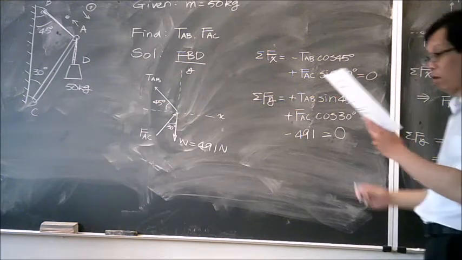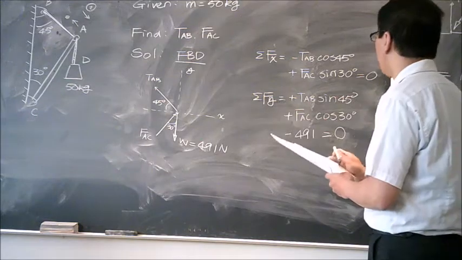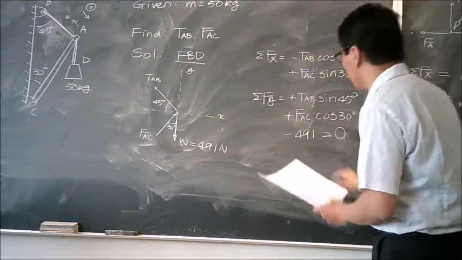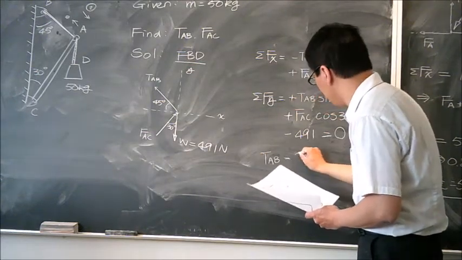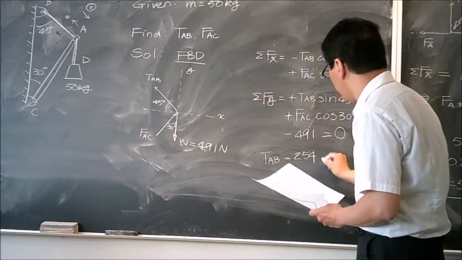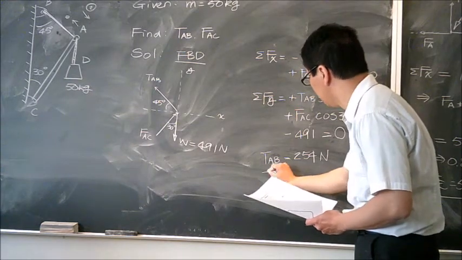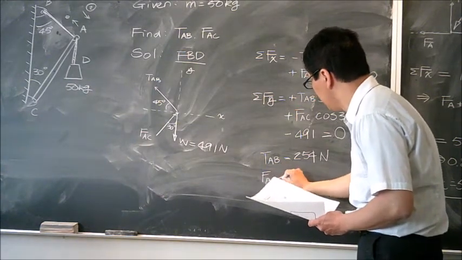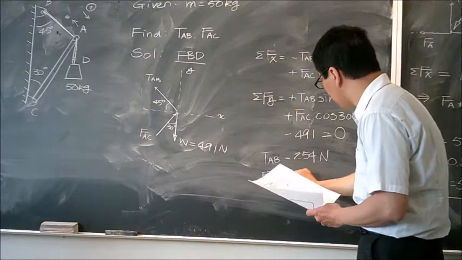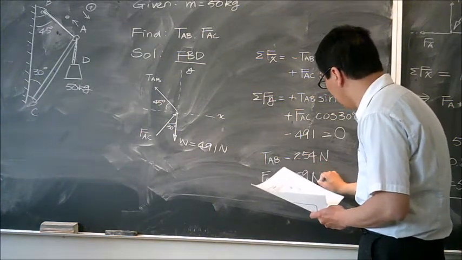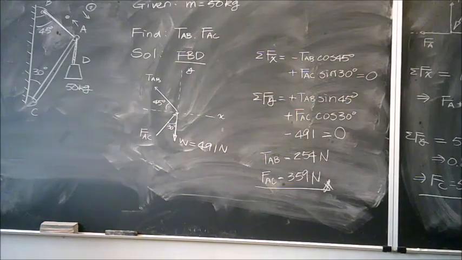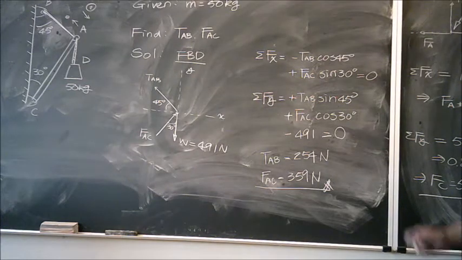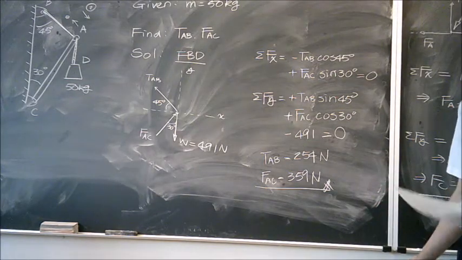Yes, we can. So if you use your algebra to solve these equations, you're going to get FAB equals 254 newton. FAC equals 359 newton. We don't need to specify the direction. There's a reason, we're going to talk about that in chapter 5. But at this moment, you just need to calculate the magnitude.